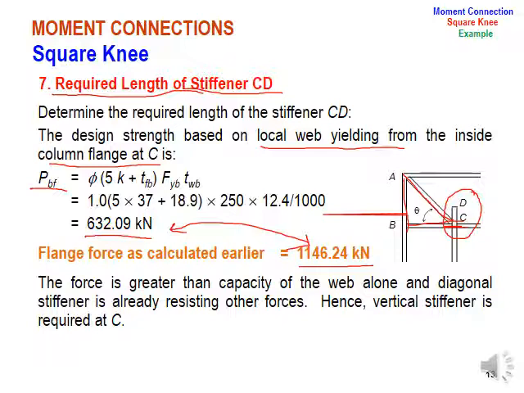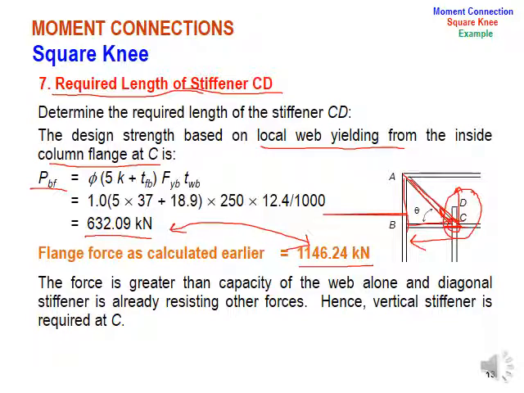So why do we require this stiffener? Because our diagonal stiffener that we are providing over here, at the corner it is going to produce local web yielding, because there is no stability factor on the other side of it. If the diagonal stiffener is going to produce compression inside the member, as we have discussed earlier, then this compressive force is going to give you components in two directions.